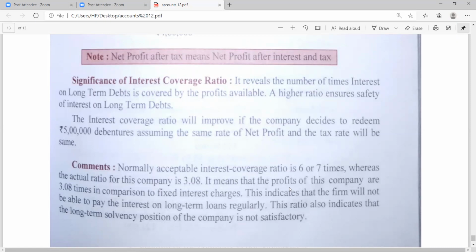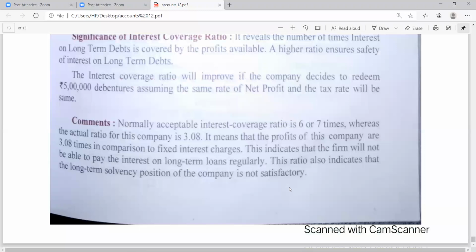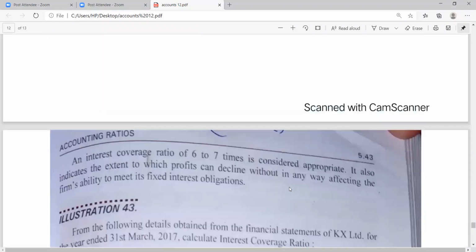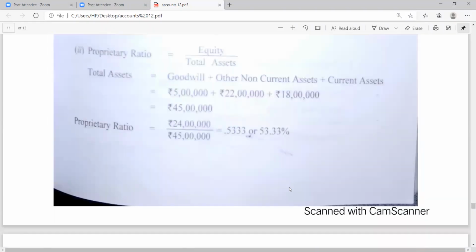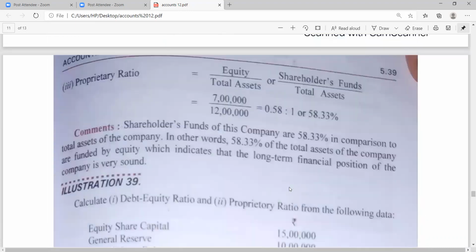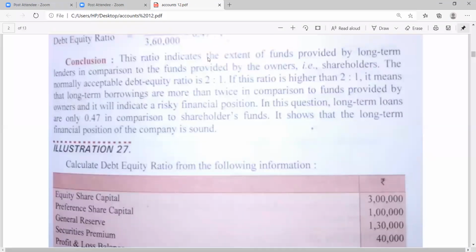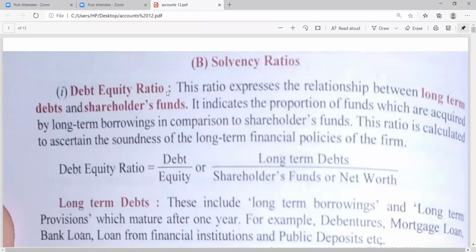In this way, it is all about the ratios that we have done. Let's recall what we have done. We have done the solvency ratios, which show the solvency position of a business, that is, how capable the business is of paying its debt. First of all we have done the debt equity ratio, that is debt upon equity.